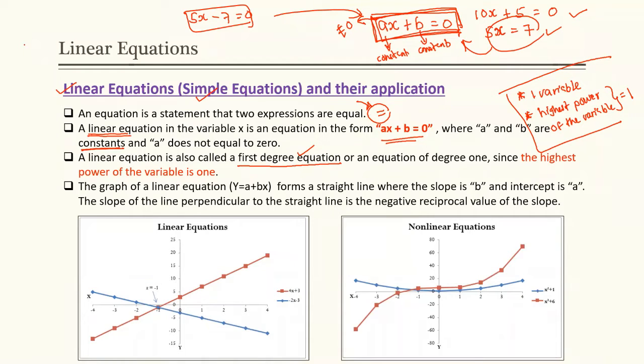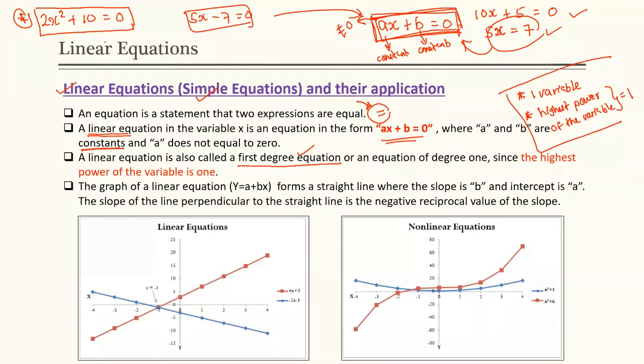It means, shall we take this one? 2x squared plus 10 equals 0. Tell me whether this is a simple equation or not. Now I want to know whether this is a linear equation or not.